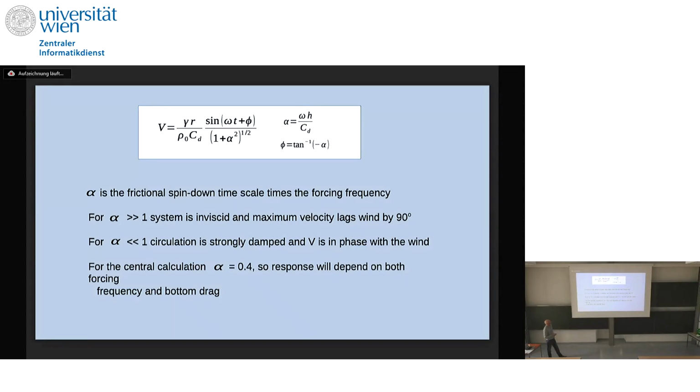The maximum velocity lags the wind by 90 degrees. If it's small, it's strongly damped, and the velocity and the wind are in phase. In this limit, the solution here is independent of c, and in this limit, it's independent of omega. So for our central calculation, alpha is about 0.4.